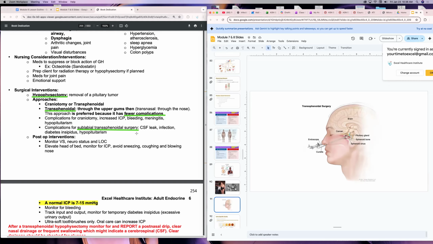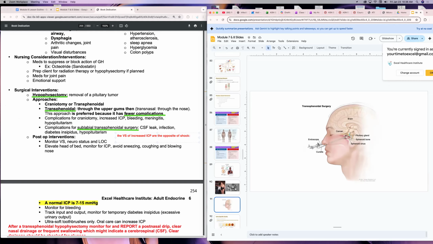We learned that in neuro. All right, so post-op interventions, we want to monitor the vital signs because we're looking for Cushing's triad of increased ICP. So remember, the vital signs of increased ICP are the opposite of shock, okay?